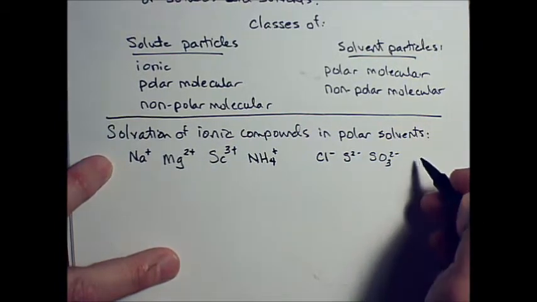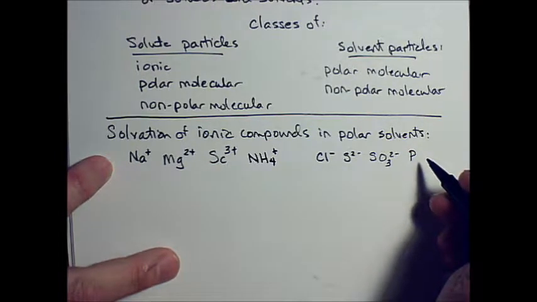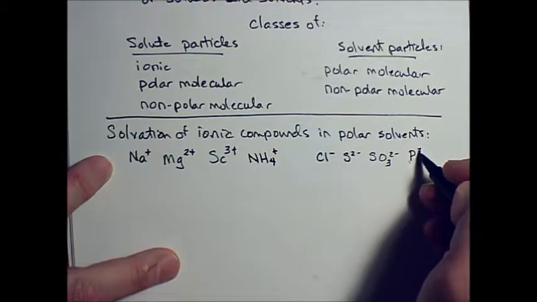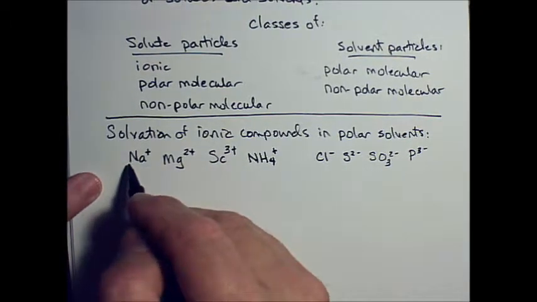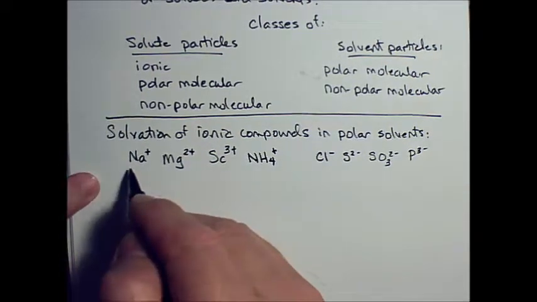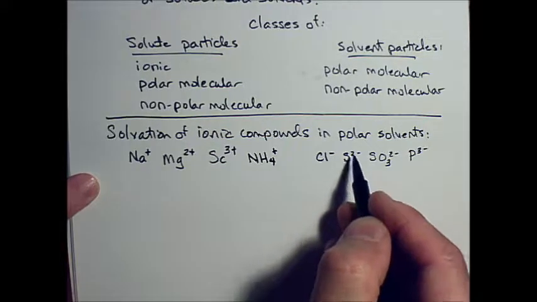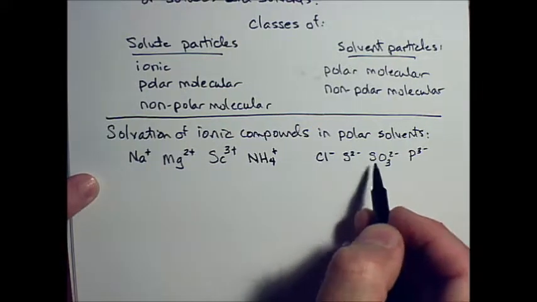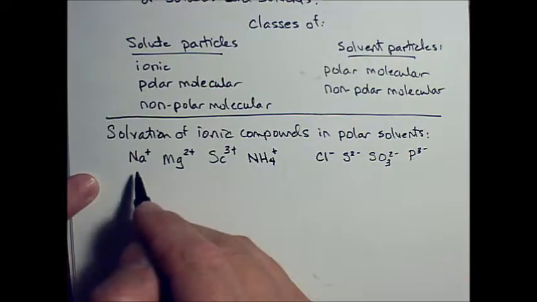And then phosphide is an anion that has a 3 negative charge.